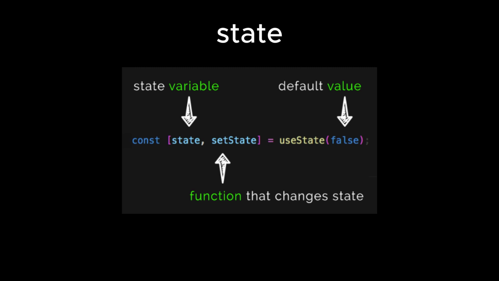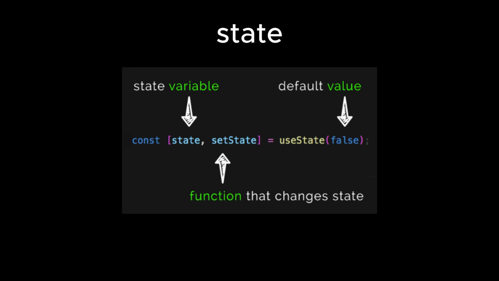To create a state in React, we have to use a special method called useState, and we have to pass a default value, and it returns two values. First one will be a state variable, and the second will be a method which will be used for updating the state variable.